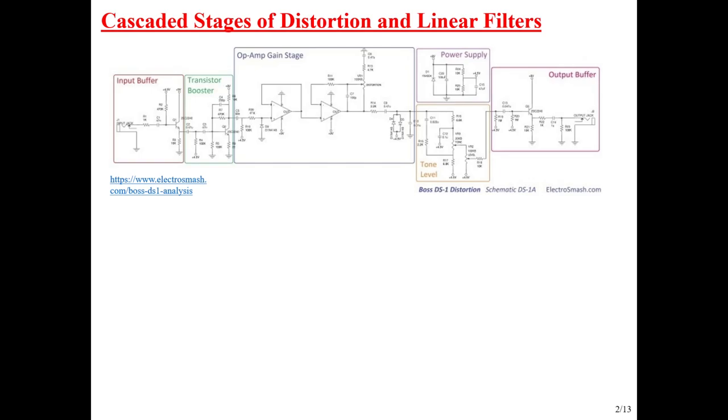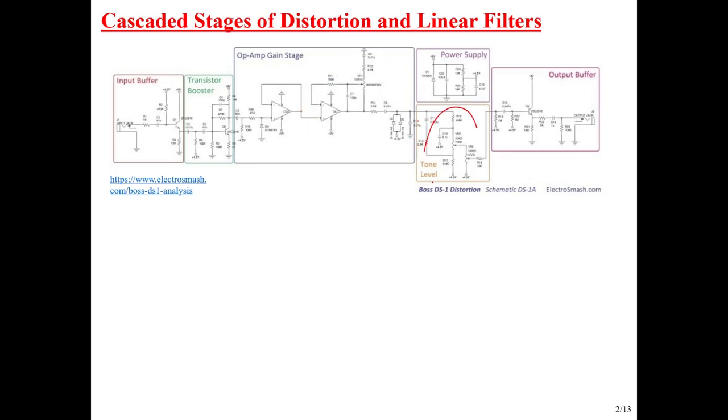But that's a diode clipper, so let me just call it that, and this controls the level of the signal going into that. So if the signal going into that is kept fairly low, then very little clipping. And as you increase the gain of this stage, more and more of the tops will get clipped off by that 0.6, 0.7 volt threshold of the diodes.